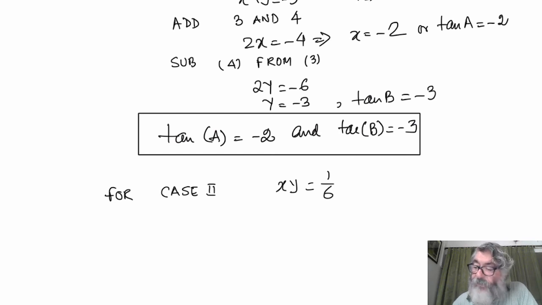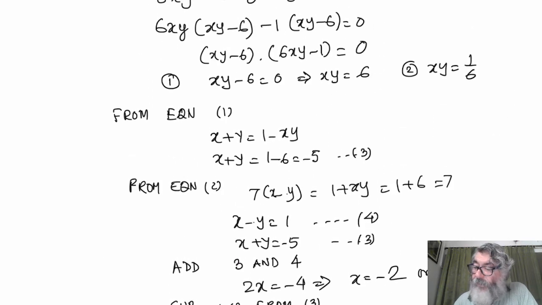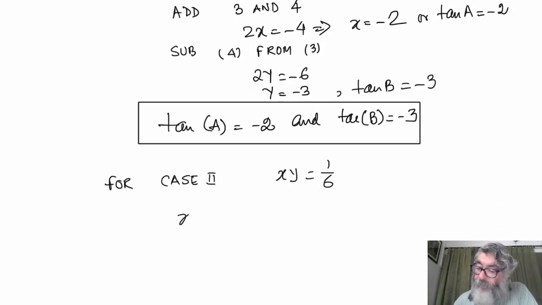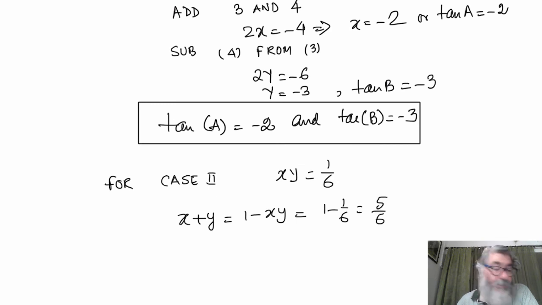Now what was the first equation? X plus y was equal to 1 minus xy. That is 1 minus 1 upon 6, or 5 upon 6. It became 5 upon 6, equation 5.